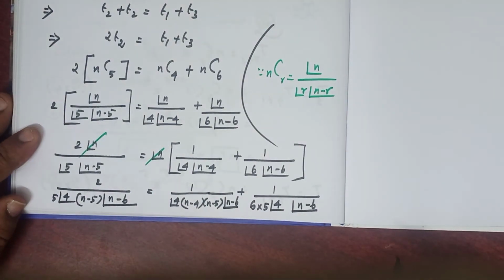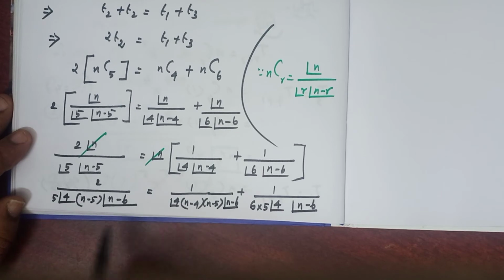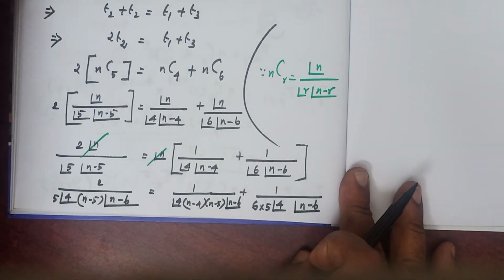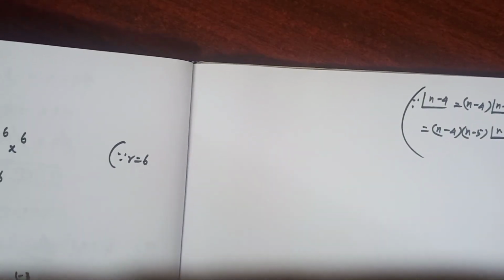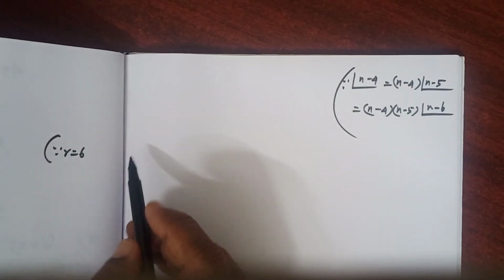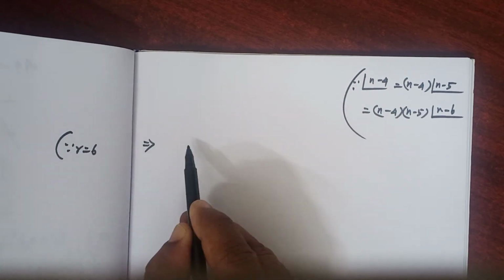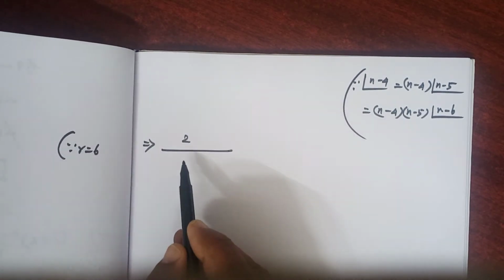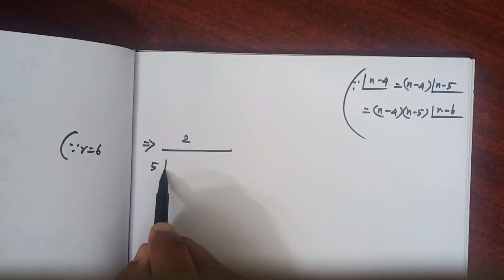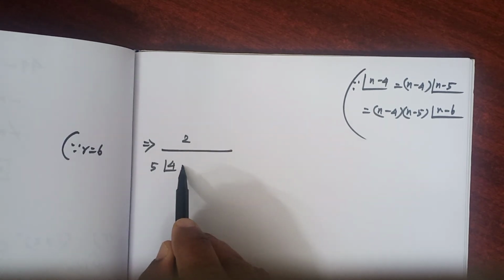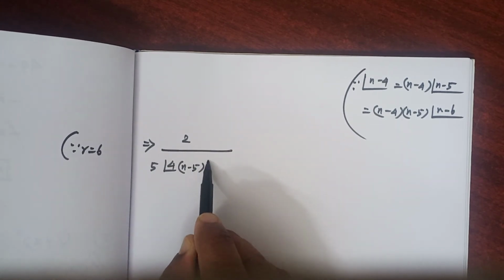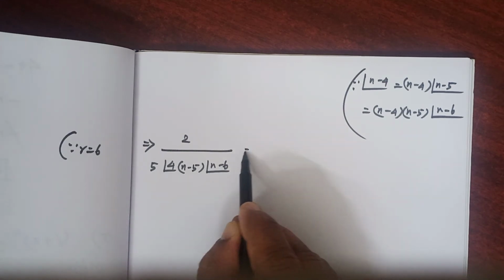Okay, now write the left hand side as it is. 2 divided by 5 into 4 factorial into n minus 5 into n minus 6 factorial. So which implies 2 divided by 5 into 4 factorial into n minus 5 into n minus 6 factorial.